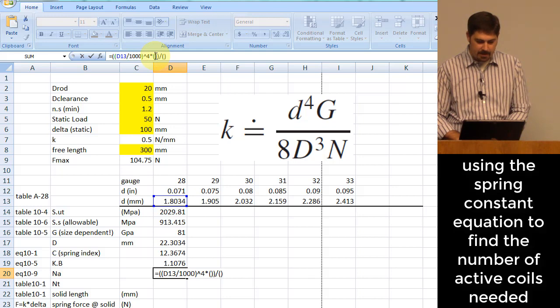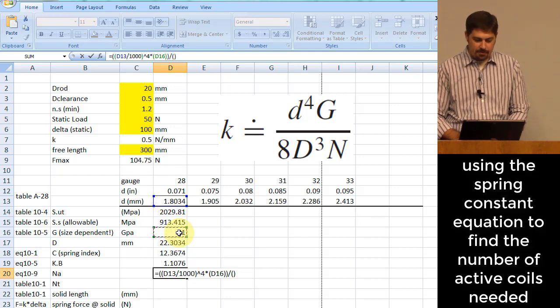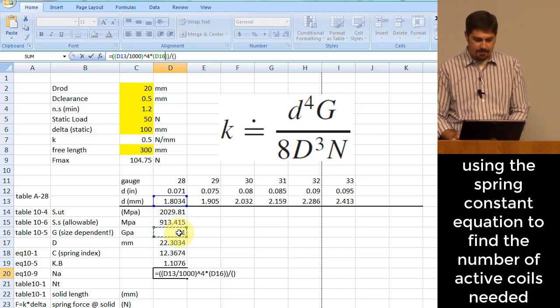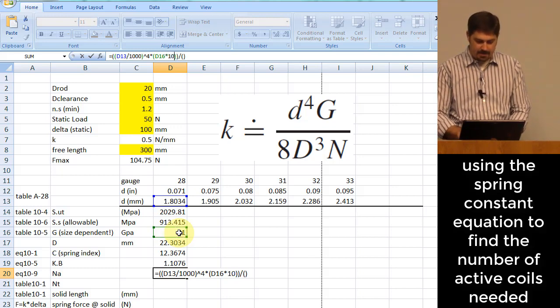The G being the modulus of rigidity. I defined that up here, and that's in GPa. So what do I need for that? So 81, that in gigapascals, that would be multiplying by 10 to the 9th, right? So I take this and multiply by 10 to the 9th.